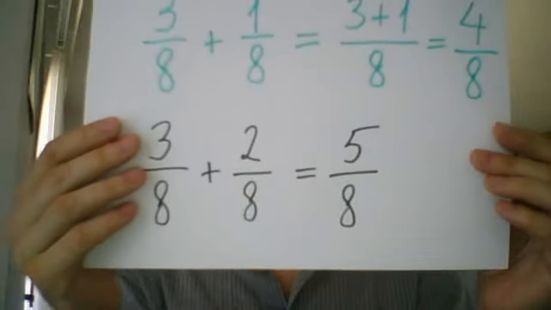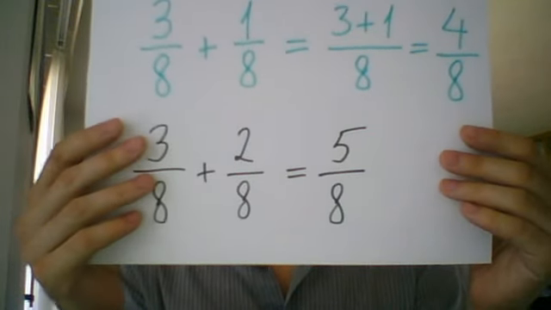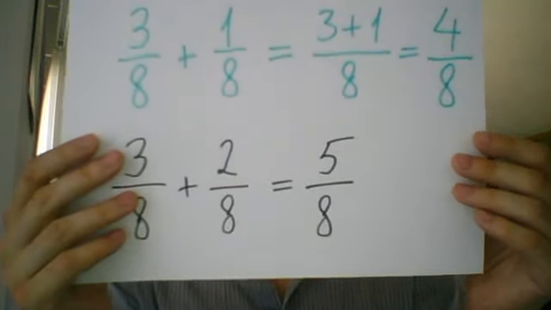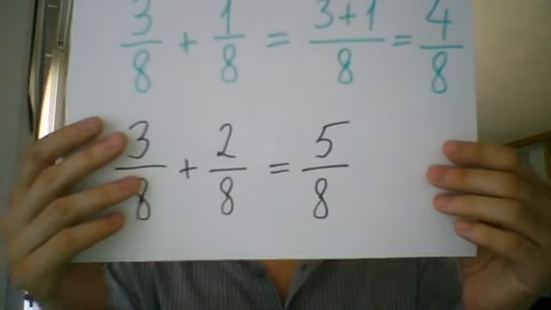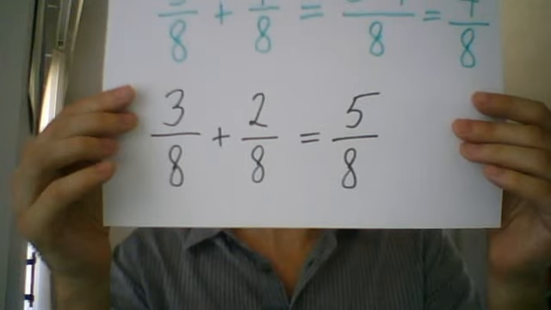So the bottom line is that 3/8 plus 2/8 is going to be equal to 5/8. Just in case, here's the review. 3/8 plus 1/8, we just add the pieces together: 3 plus 1, so in total we have 4/8. And the same with adding 3/8 and 2/8. Okay, I hope that makes sense.